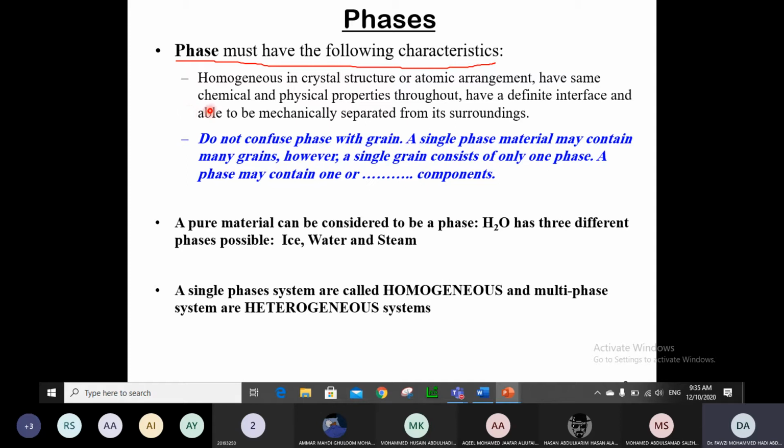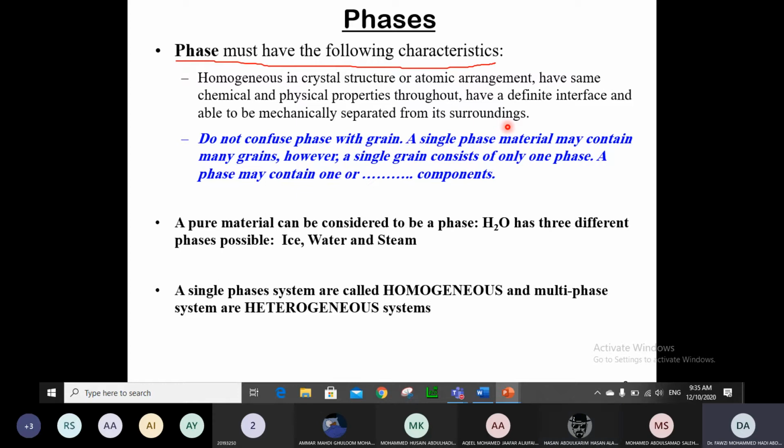We have the same chemical and physical properties throughout it. It has a definite interface, a definite boundary, and it can be mechanically separated from the surroundings. This is how we defined the phase in the previous slides.